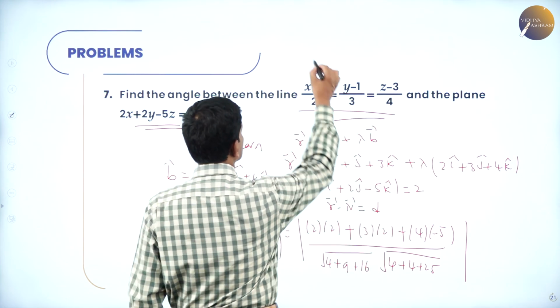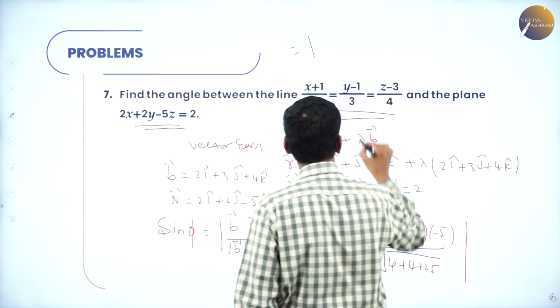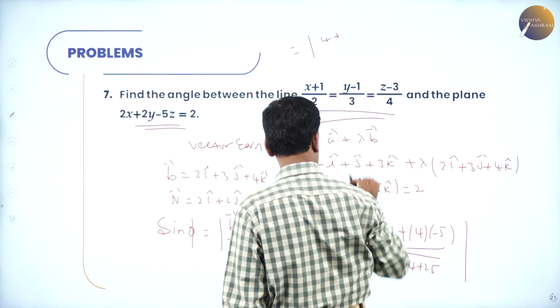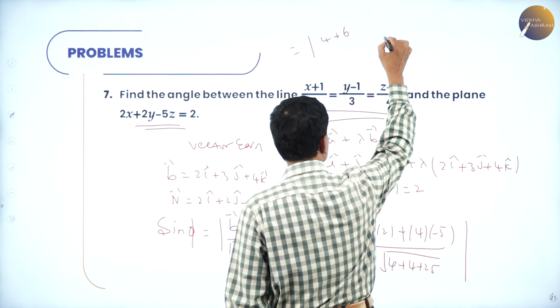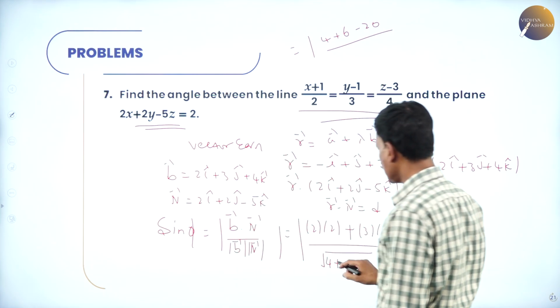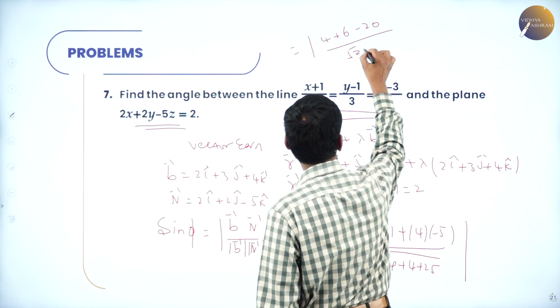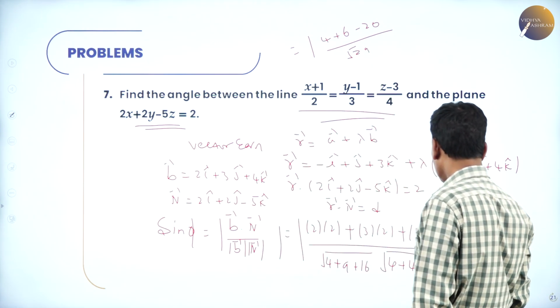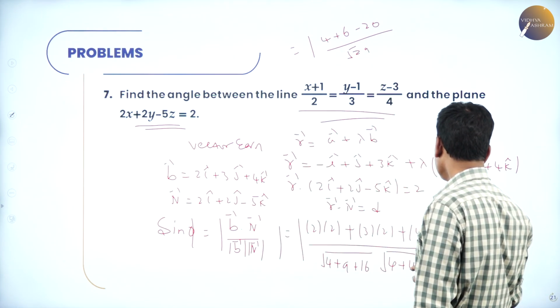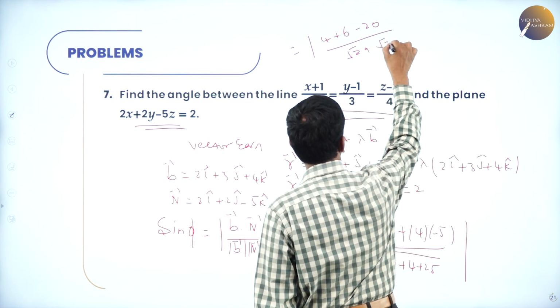Simplify this. So this is equal to the modulus of: 2 2s are 4, plus 3 2s are 6, plus 5 4s are 20 (with a minus sign), divided by 16 plus 4 is 20, plus 9 is root 29, into 4 plus 4 plus 25 is root 33.